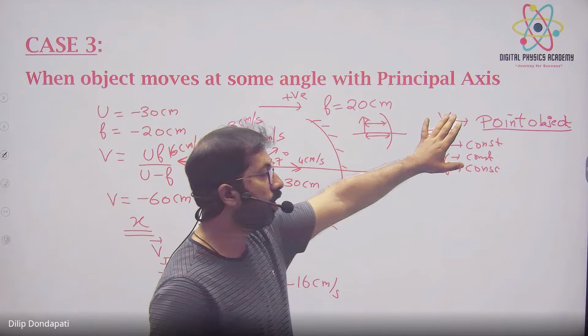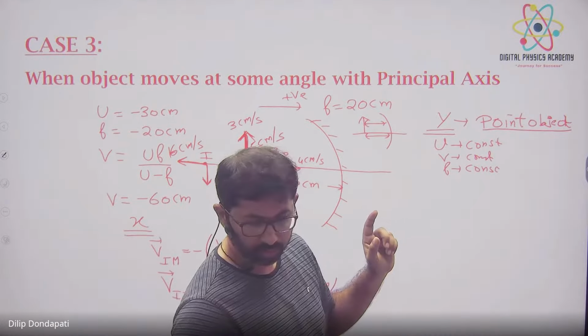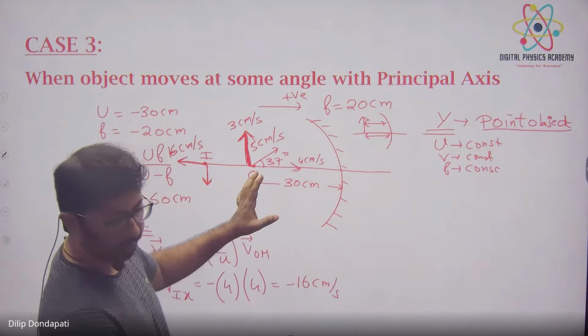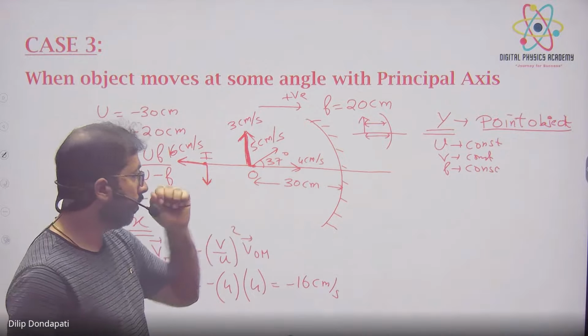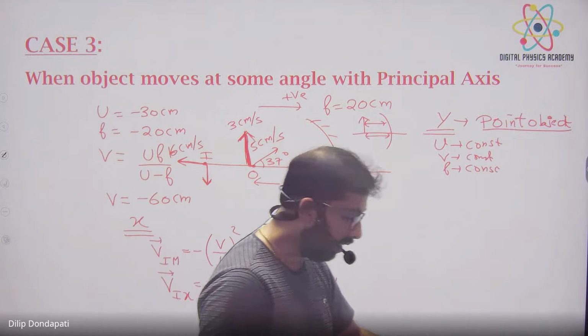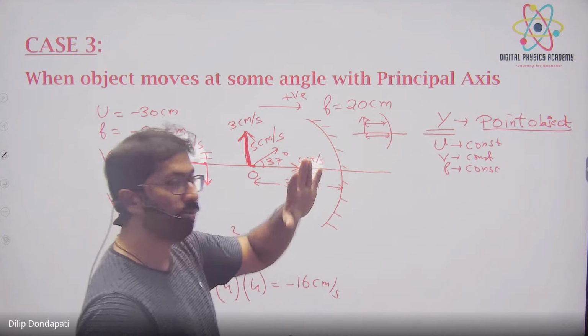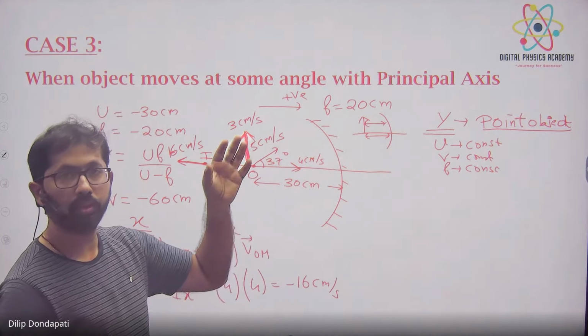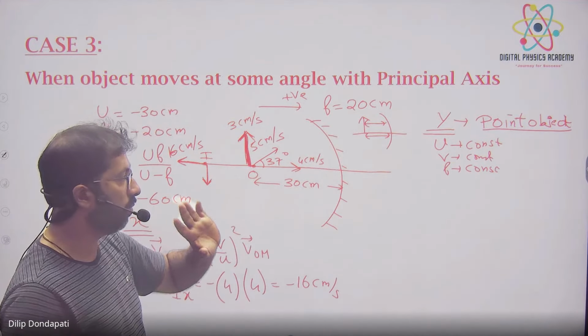But since for point object, we can apply. Okay. So now what we're doing is, general method seeking, then you can apply always that method only. Either a point or a height दिया, tabhi no problem. Okay.